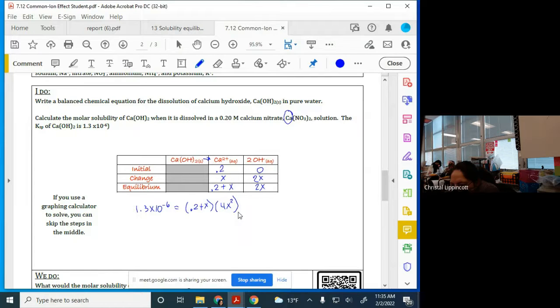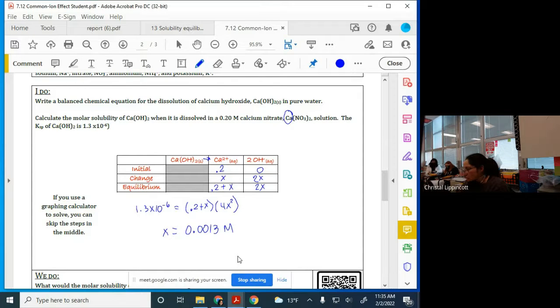All right. So then we need to put this in. This would be a nasty little quadratic if you wanted to spend the time doing that. Otherwise, if you have your equation solver, you can end up solving for X. X will end up being 0.0013 molar. They're not going to have anything on the AP exam where you need the quadratic, though.